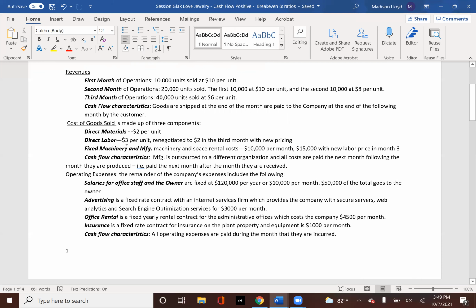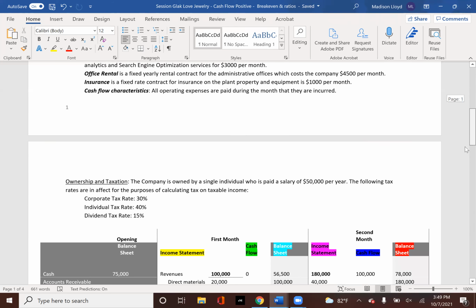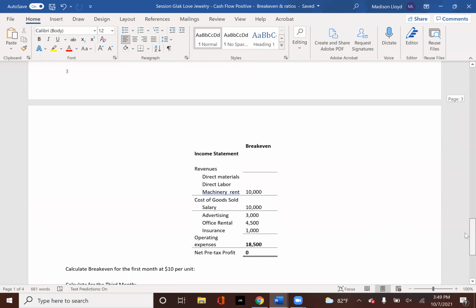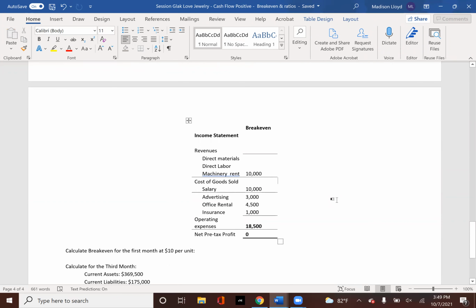So 3 plus 2 equals 5 for your direct materials and your direct labor. You subtract that from your $10 per unit sale price. Obviously you're left with $5. Remember that number I told you, the machinery rent plus your operating expenses, which is $28,500.